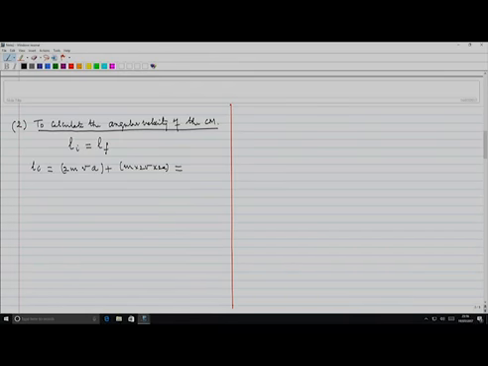This value would be 2 plus 4, 6 mVa. This is the initial angular momentum. So, the final angular momentum.